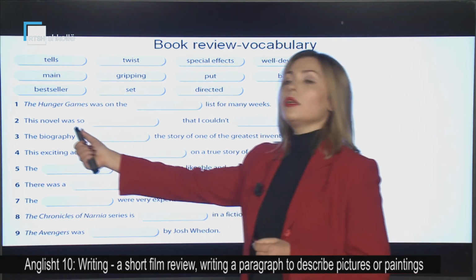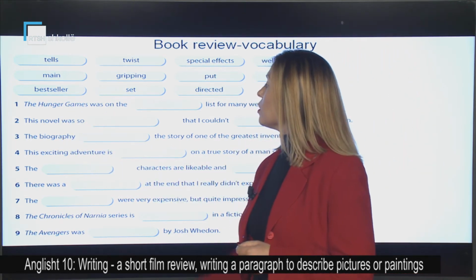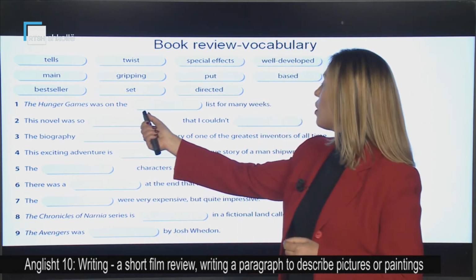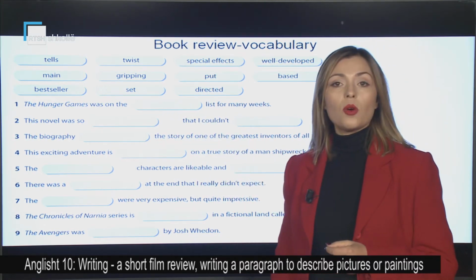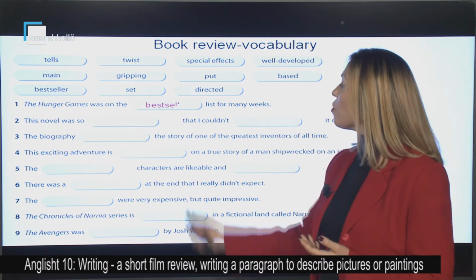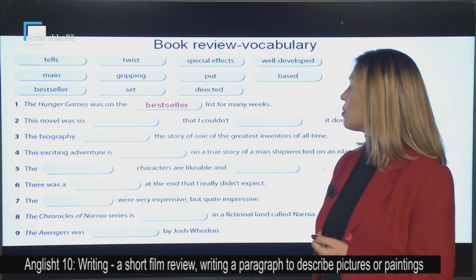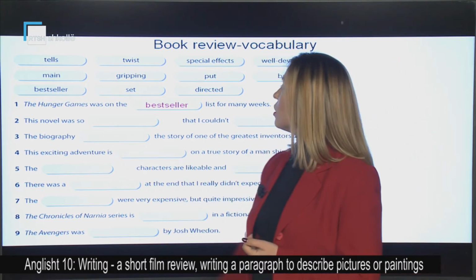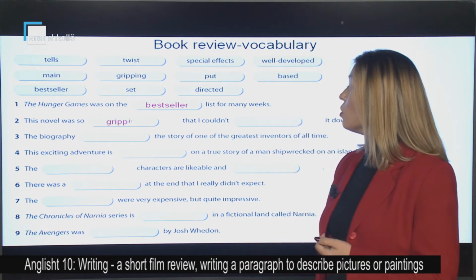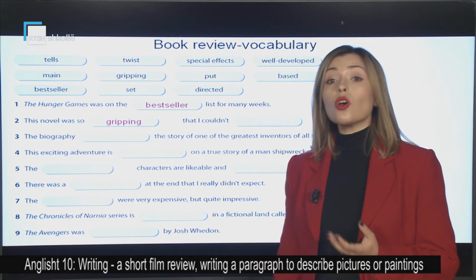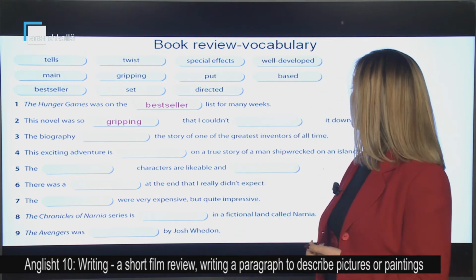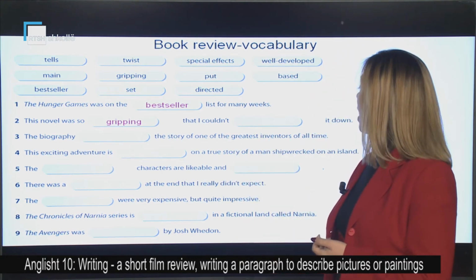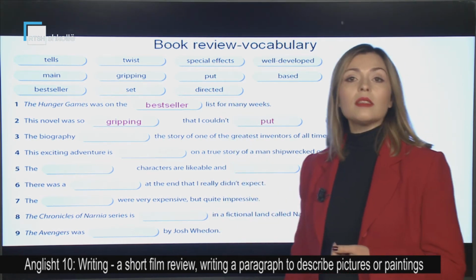So number one, The Hunger Games was on the what kind of list for many weeks when you become very, very famous? On the bestseller list, of course. This novel was so gripping, it was so interesting, amazing, that I couldn't, this is an expression, I couldn't put it down.